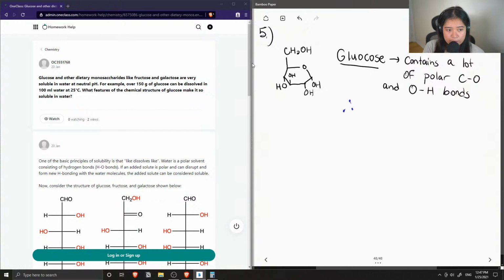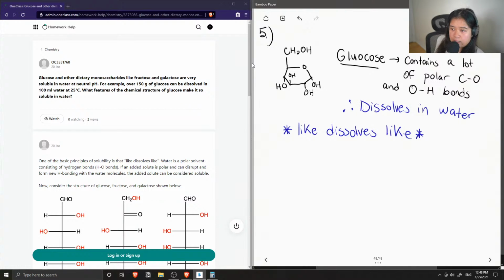So therefore, this dissolves in water. And it also helps to remember the phrase that like dissolves like, meaning polar substances will dissolve other polar substances.